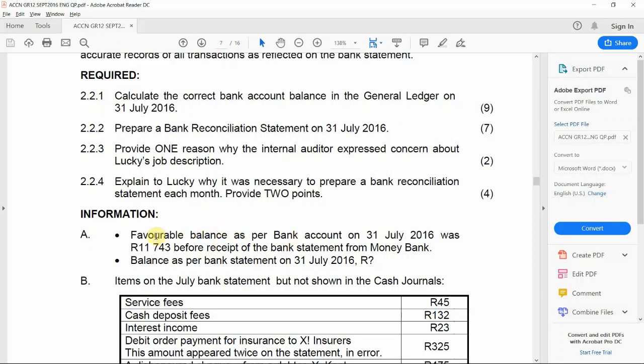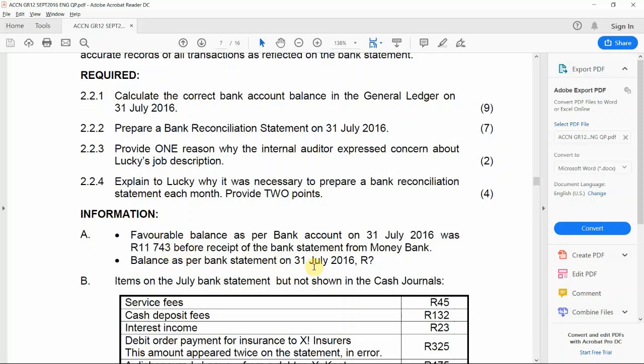So in other words, this is the amount that we have to use as our starting balance for the calculation of the correct bank account, and then we will have to compare the bank statement to our books to add or subtract amounts to that 11,743.